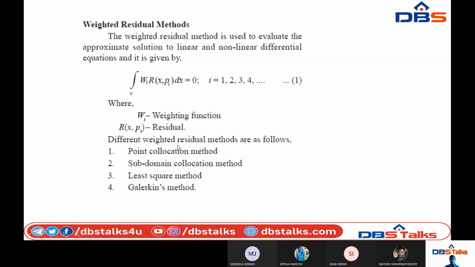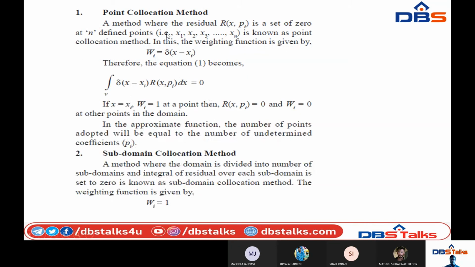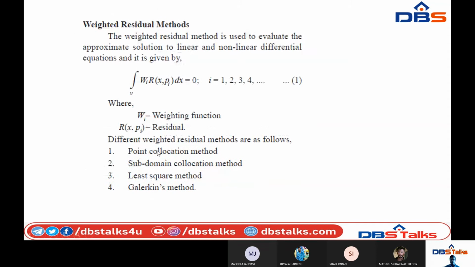Coming to the first method, point collocation is where the residual r of x comma pi is set to 0 at defined points, that means x1, x2, x3 and so on up to xn.